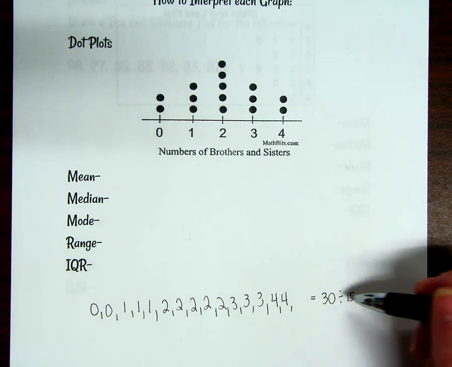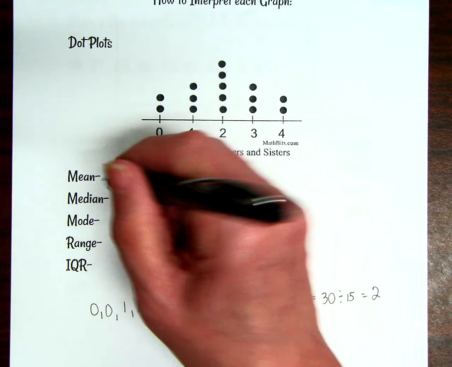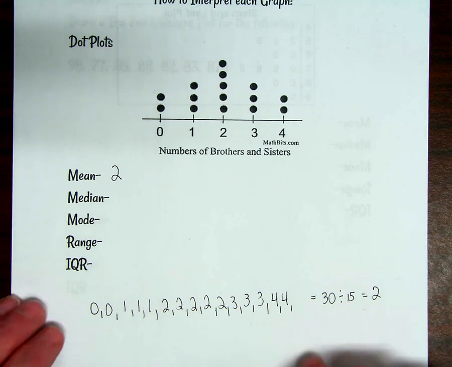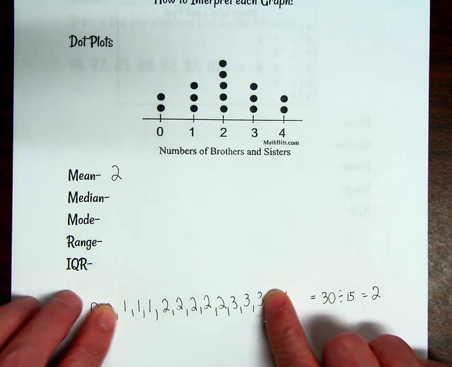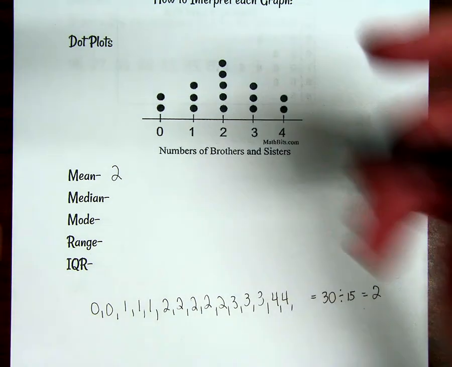So we take 30 and divide it by 15, and that gives us 2. So our mean is 2. Our average is 2. And if we go and find our middle, I'm just going to zoom in just a little bit. If we get our middle, our median is also 2.